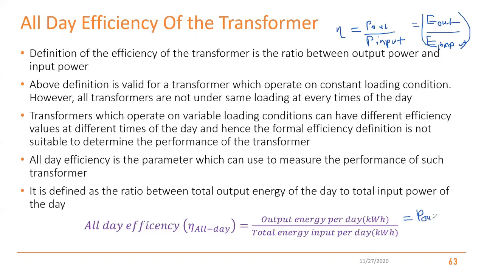In brackets you can write kilowatt hours per day, that is also a measurement of power. Average output power throughout the day, average input power throughout the day. Since we are taking the average values, considering energy is also the same.